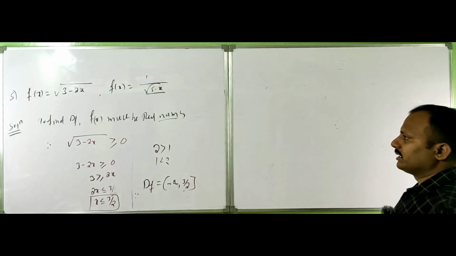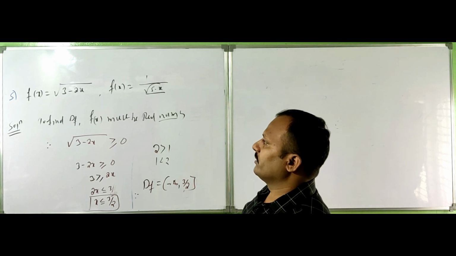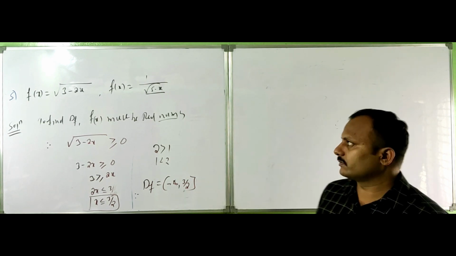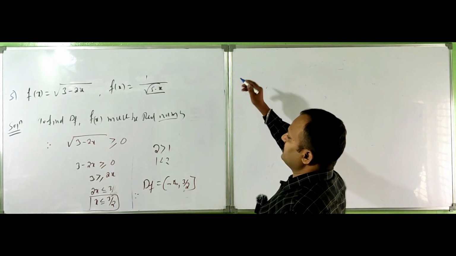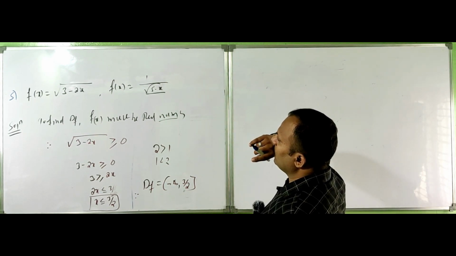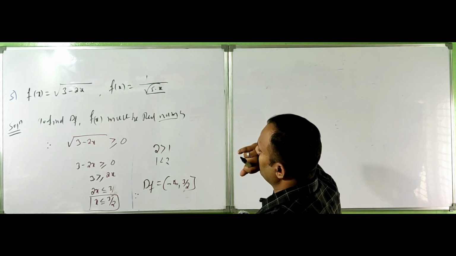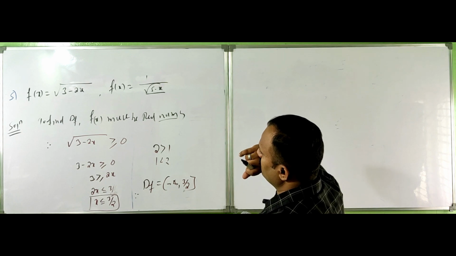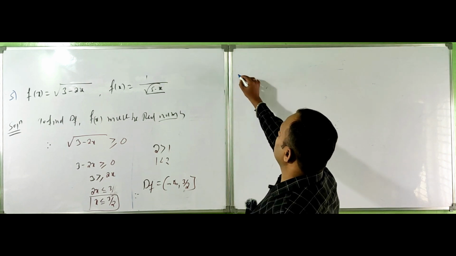Take 2, take 3, values more than 1.5, we get negative values inside the root. So that's not possible in real numbers. Second one is range. Again, the range. How to find the range?